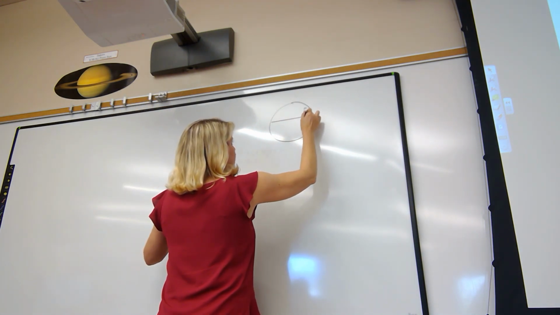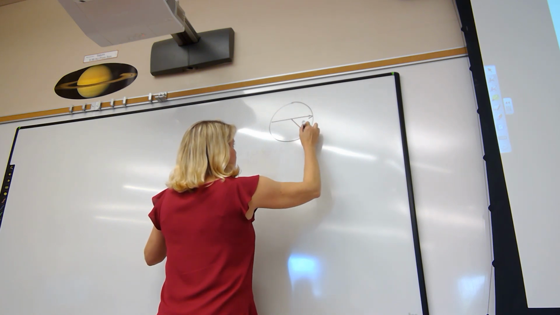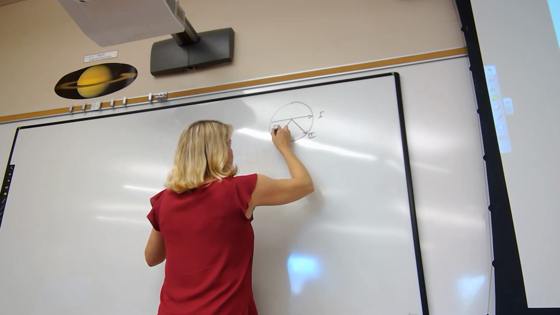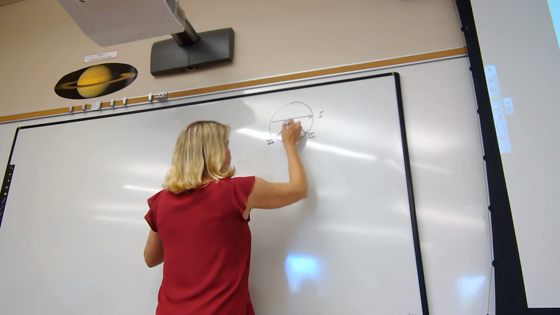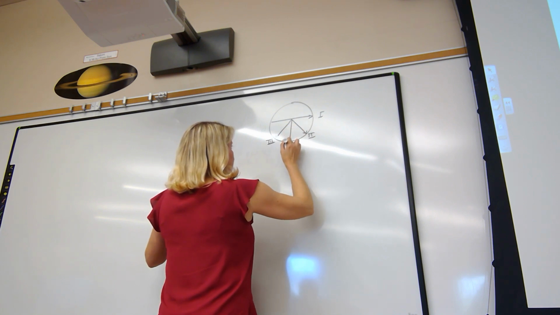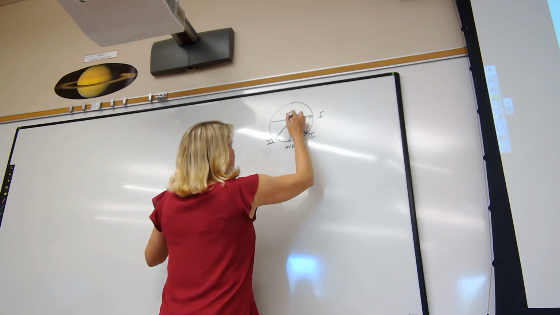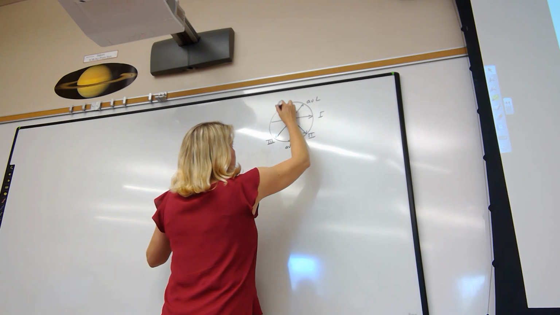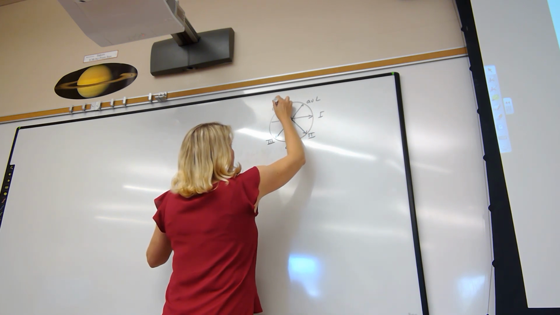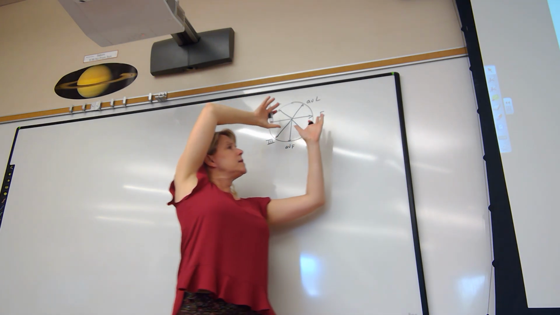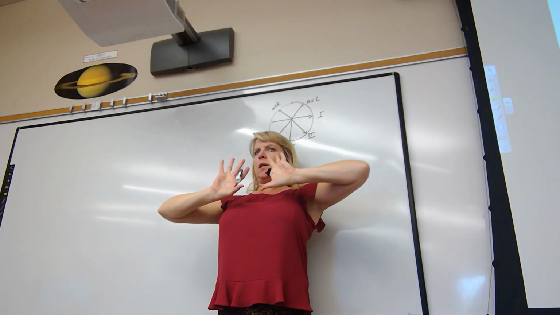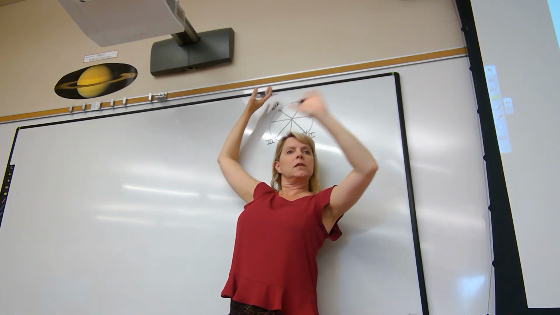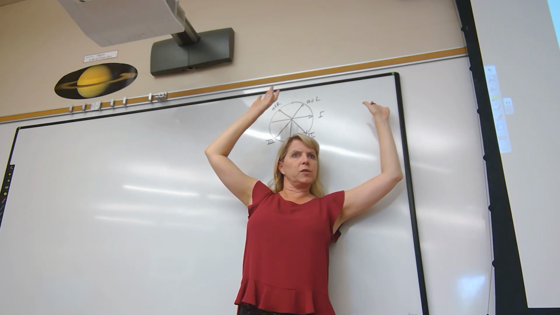We have lead 1, lead 2, lead 3, AVF, AVL, AVR. Remember, again, this is the patient's heart shining up to you. So it's the patient's right, the patient's left, anatomical position.